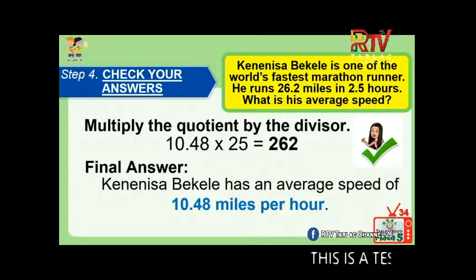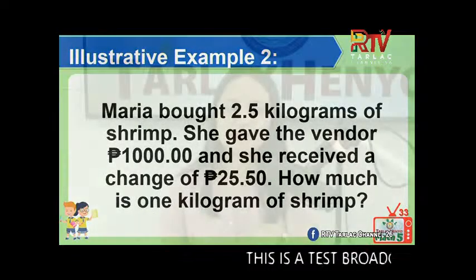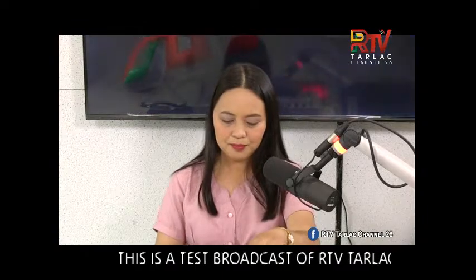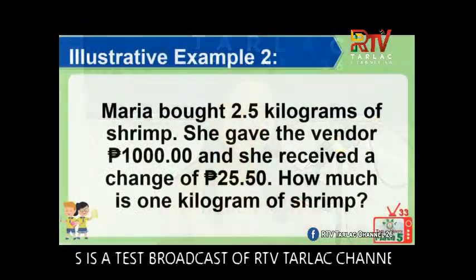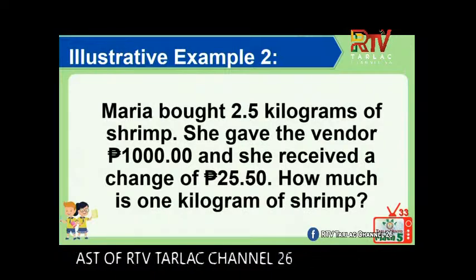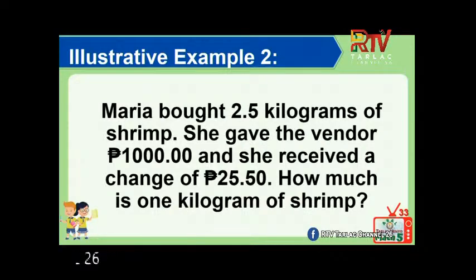We are now moving to illustrative example number 2. Maria bought 2.5 kilograms of shrimp. She gave the vendor 1,000 pesos, and she received a change of 25 pesos and 50 centavos.